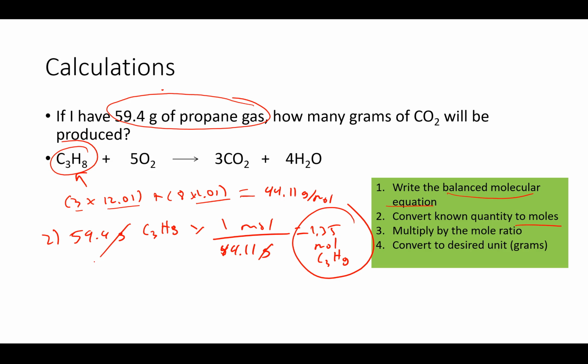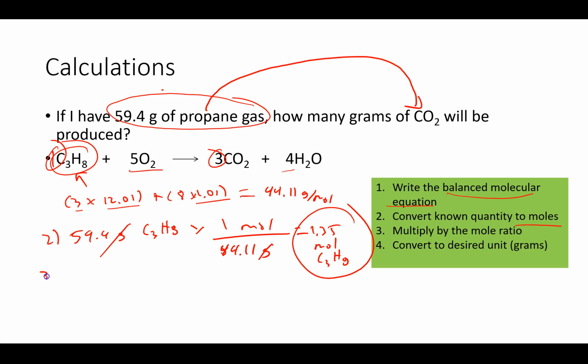Okay? Now, step 3, I'm going to multiply by the mole ratio. My mole ratio, again, I'm trying to compare propane gas to carbon dioxide. So I am worried about this 1-to-3 ratio. I'm not worried about oxygen and water. They are part of that reaction, but that's not part of my calculation in this case. So, I have 1.35 moles of propane.